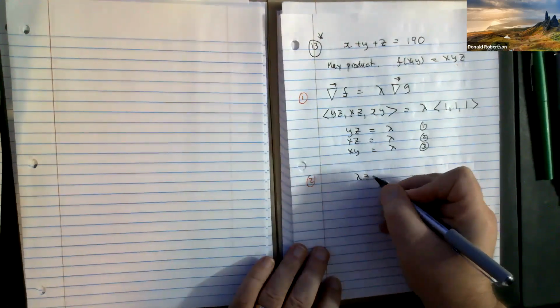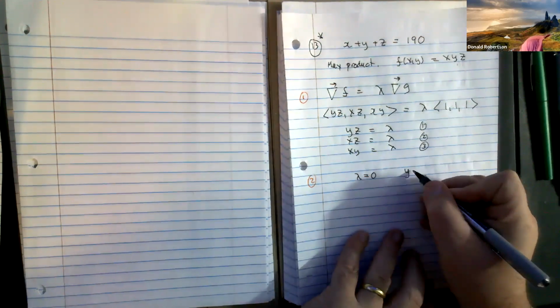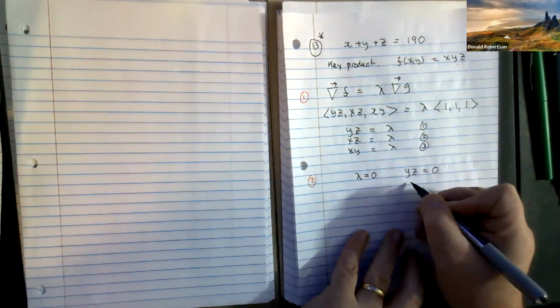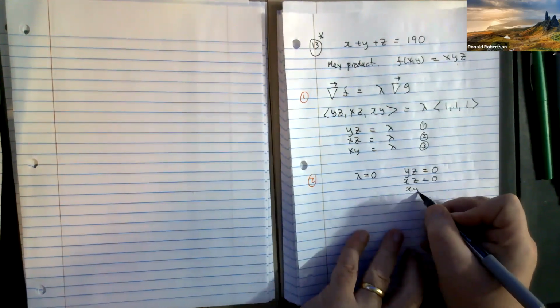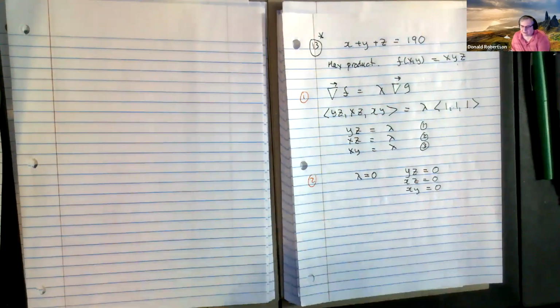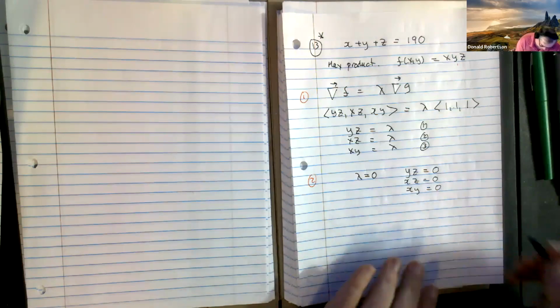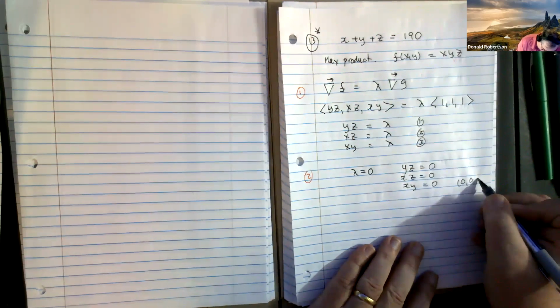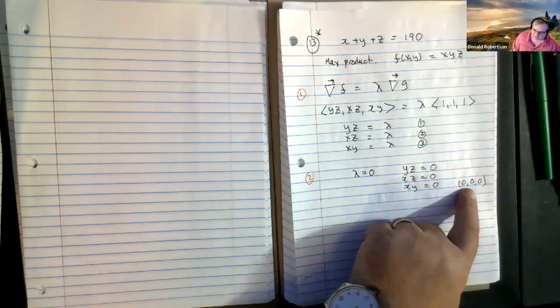Let's do lambda equals 0. Well, if lambda equals 0, you end up with these 3 equations that need to be solved together. Would you agree that the only combination of x, y, and z that's going to make all of these 0 at the same time would be x, y, and z all being 0? And now I'll check to see if that's usable.